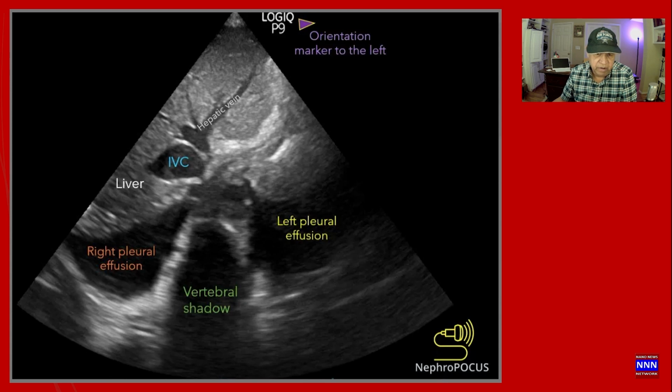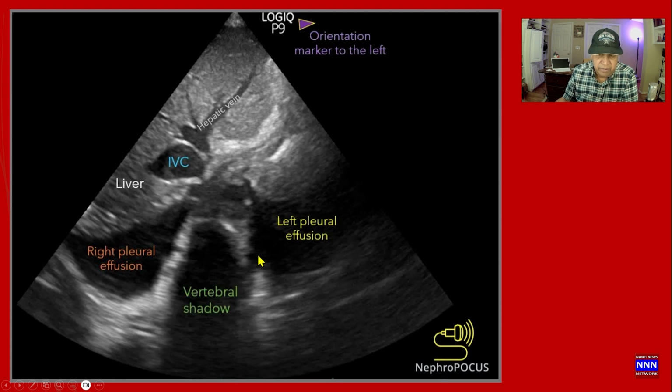And here's an example of a short axis view at the level of the inferior vena cava. And here we have the vertebral body. This is the left side, this is the right side, and the left pleural effusion is to the left of the vertebral body. The right pleural effusion is to the right side of the vertebral body, as the pleural spaces do not cross the vertebral body, so they are loculated within their own space, the left pleural space and the right pleural space.